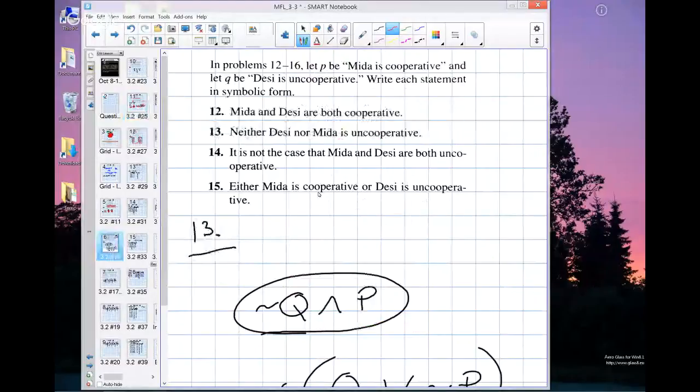Okay, so here's 13. Here it is in the book. See, I've got to read the directions. In 12 through 16, let P be MITA is cooperative, and let Q be DESI is uncooperative. You see that up here?